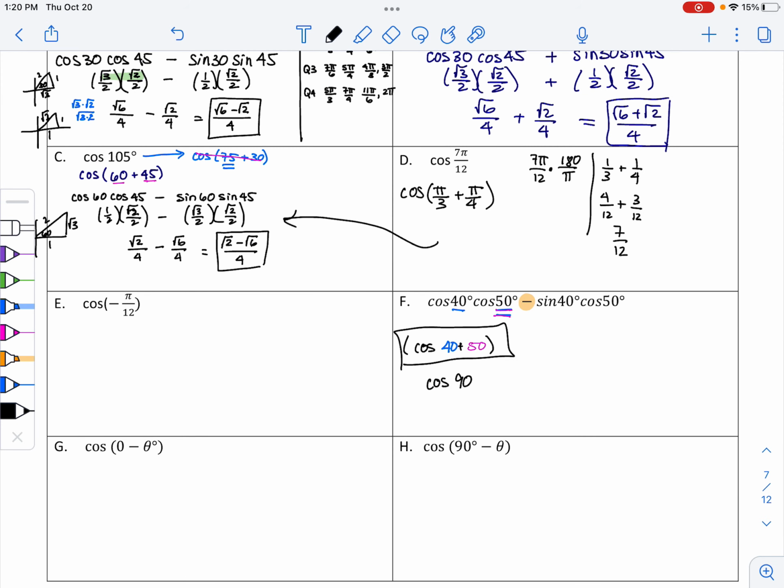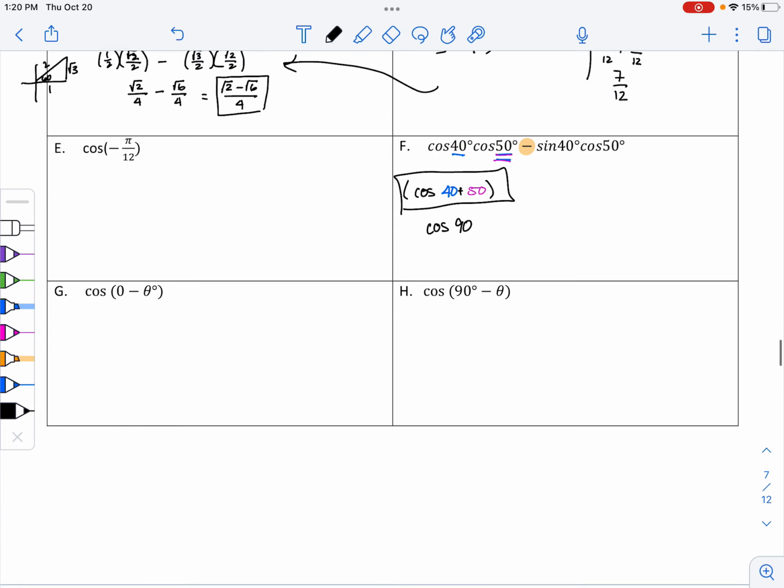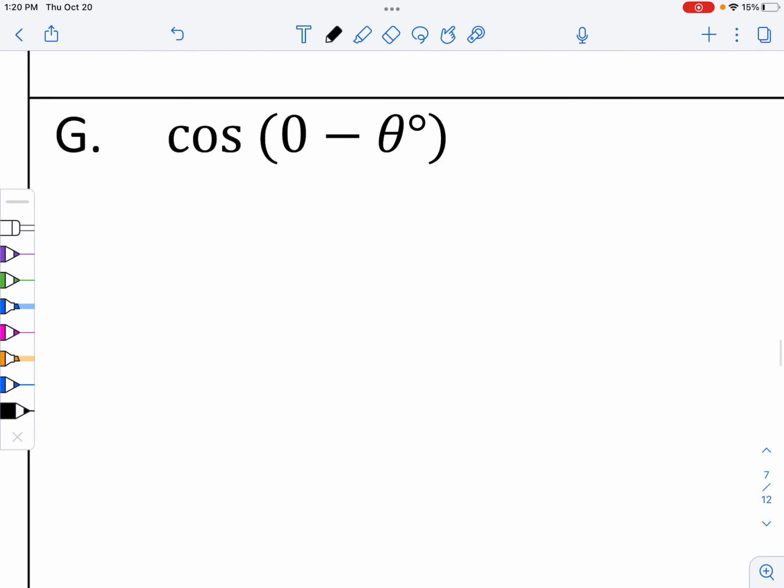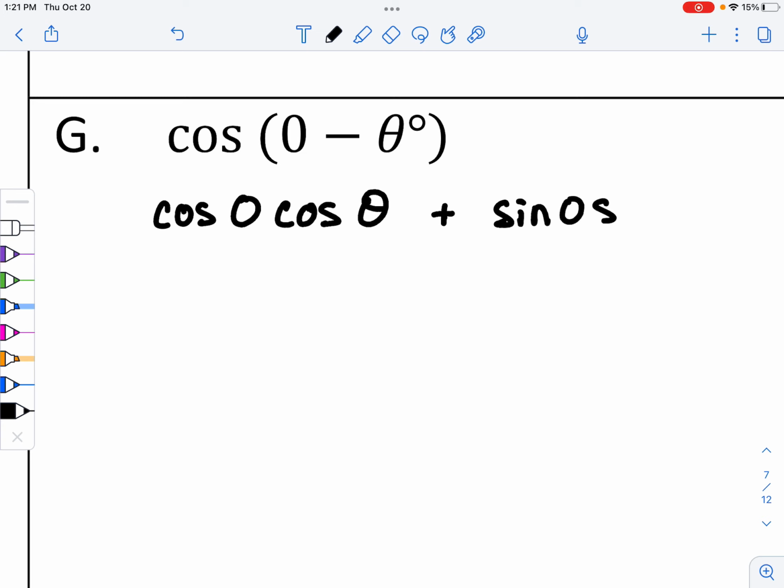Now, something like G. G has an angle in it, and it has a variable in it. We're going to do this with the exact same idea that we did before. This is the difference identity for cosine. So I have cosine of the first times cosine of the second plus sine of the first times sine of the second.